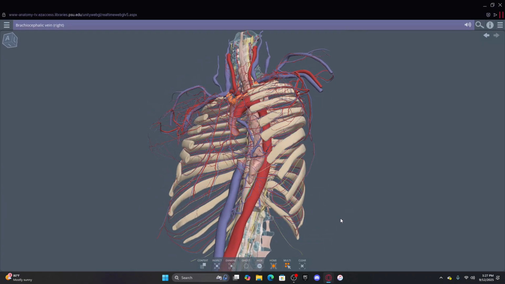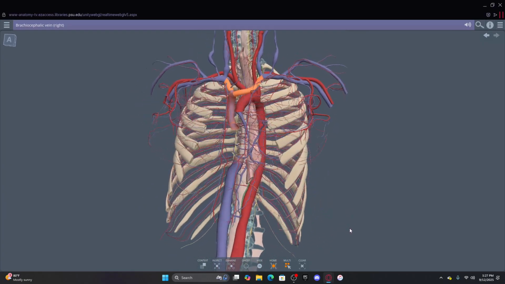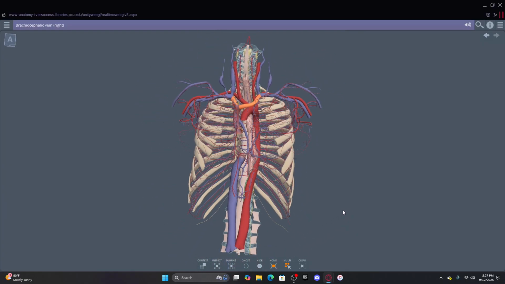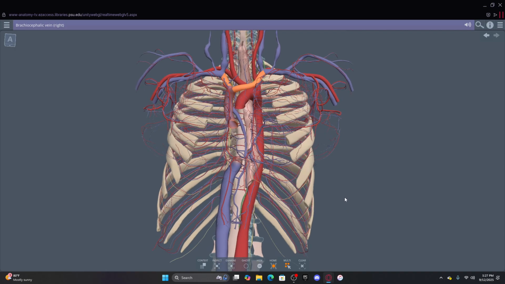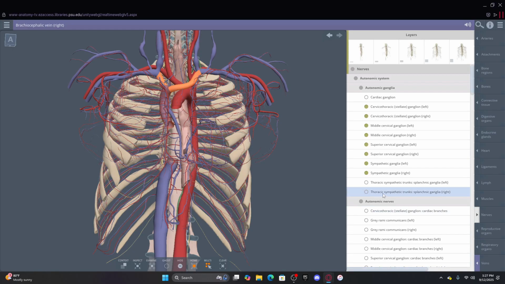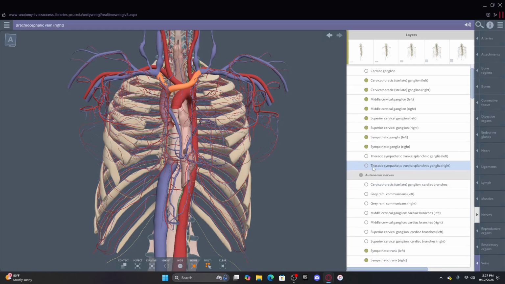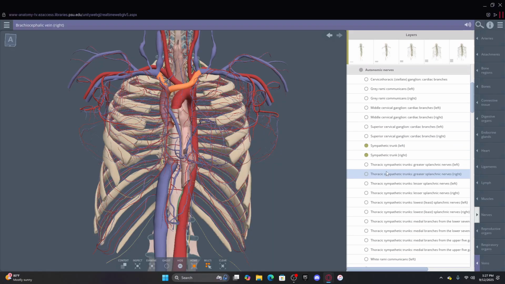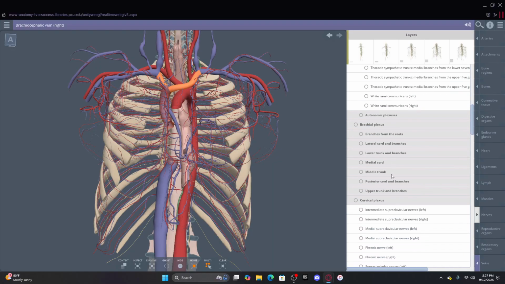And then two other structures that I want to show you are the vagus nerve and the left recurrent laryngeal. And this structure is important in relation to the arch of the aorta. So let me show you the nerve. That structure is specifically important when we come to the arch of the aorta, and I will show you why.